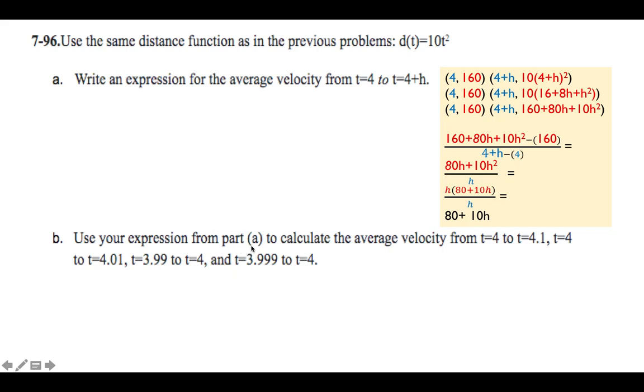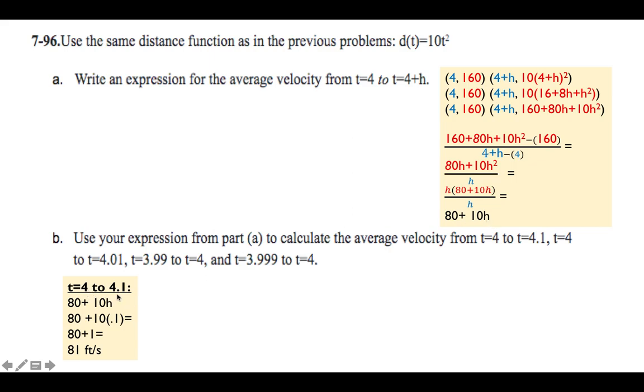So how do we use the expression right here that we just came up with, 80 plus 10h? Well, for the first one, because we now created a much easier representation of the average rate of change, all we got to do is plug in h. So from 4 to 4.1 is our first one. So first we have right here the expression that we came up with here.